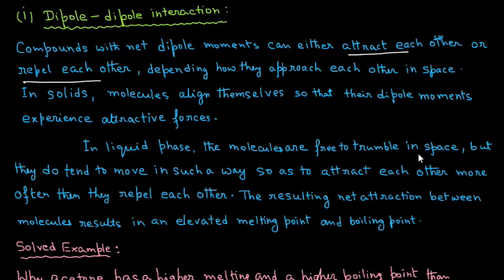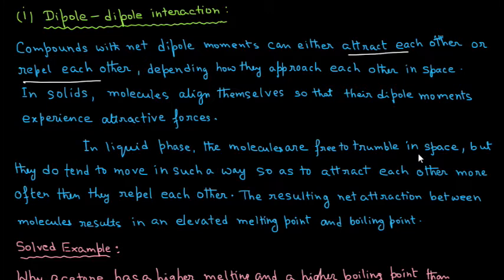They tend to move in such a way that they attract each other more often than they repel each other. The resulting net attractive force between the molecules results in elevated melting and boiling points.